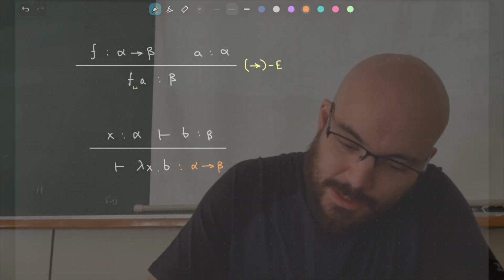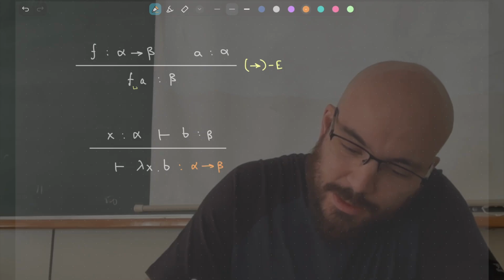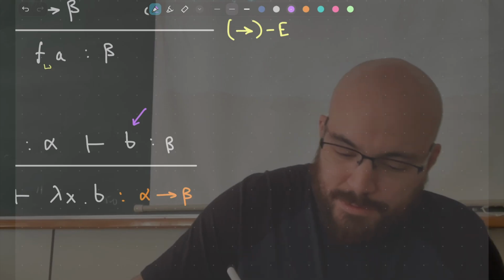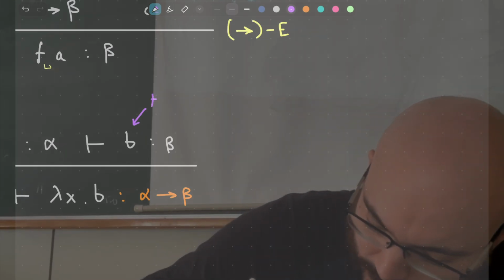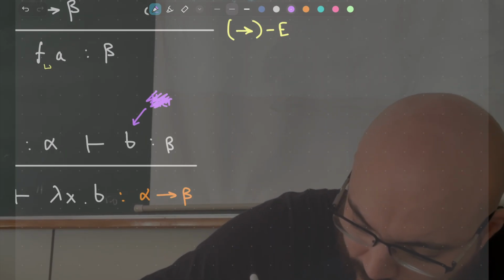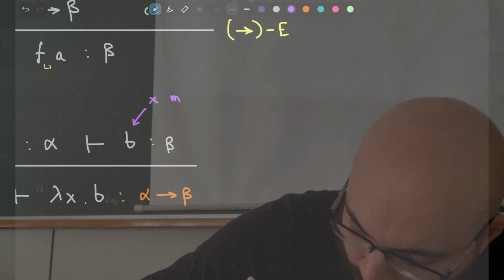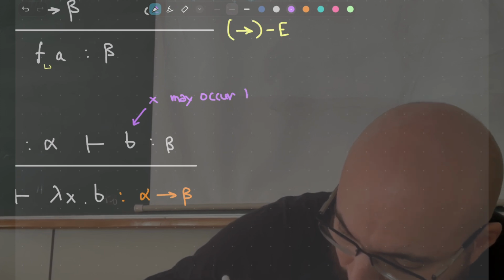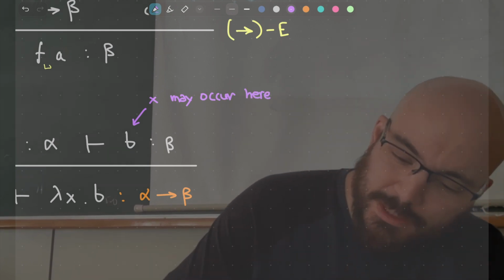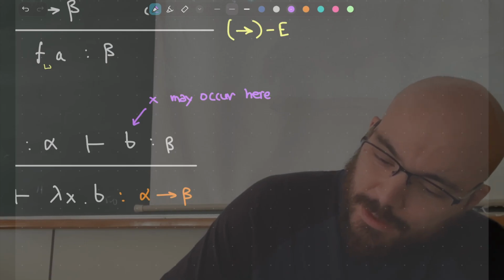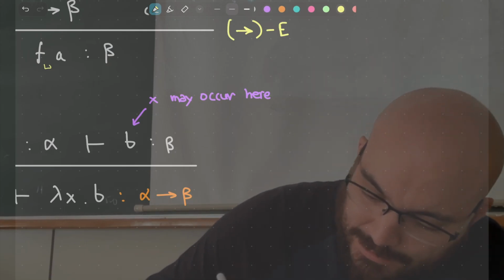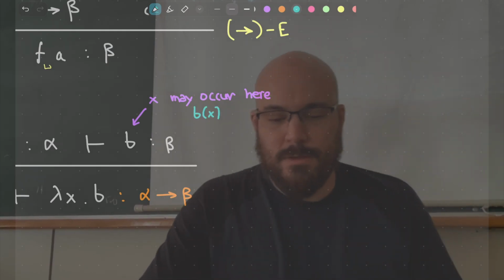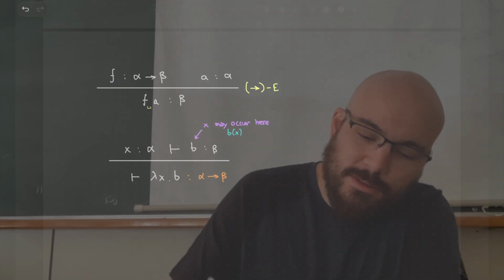First observation, before I ask for questions: in this b expression, x may occur. Sometimes, but unfortunately not always, since we are not very consistent in the notation, we emphasize this by writing something like b of x. So this is the idea.